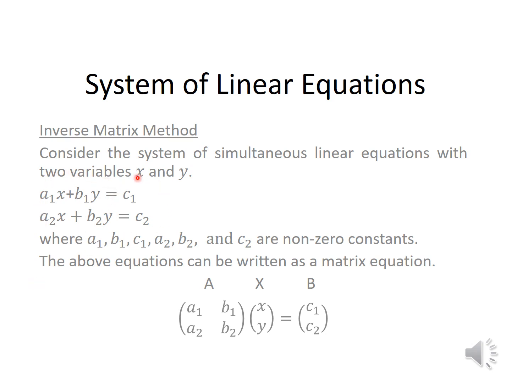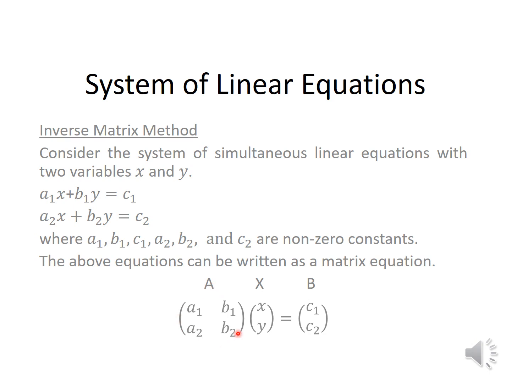So we have this system where a1, b1, c1, a2, b2, and c2 are non-zero constants. Then this system can be written as matrix equation AX equal to B, where the matrix A is a 2 by 2 matrix because there are just two equations with two unknowns.